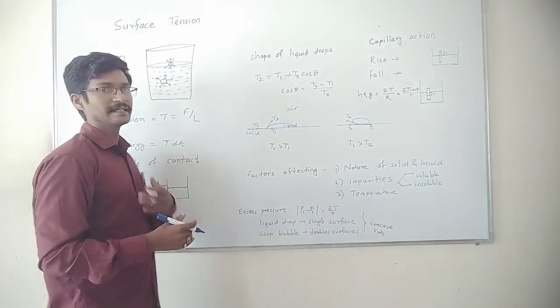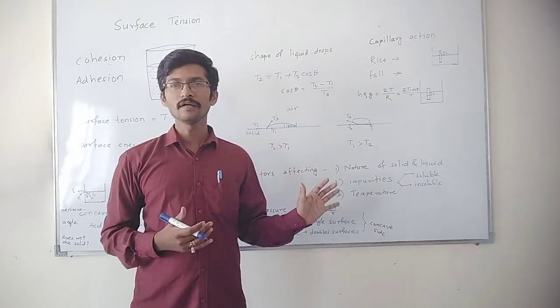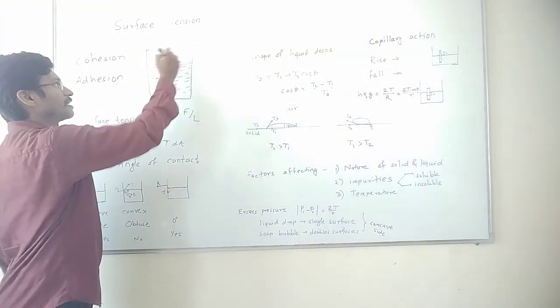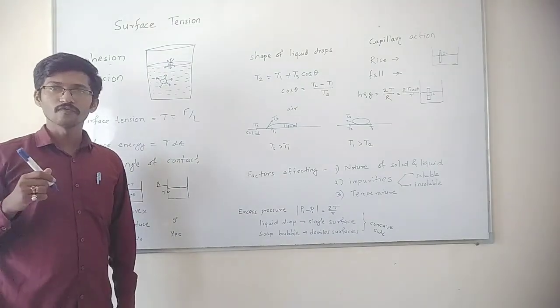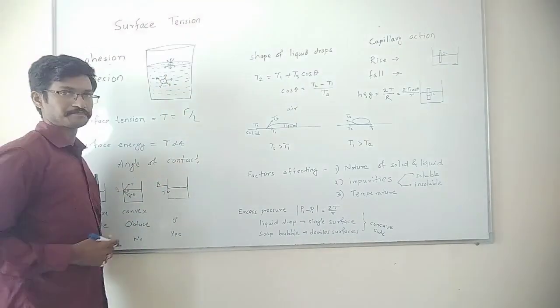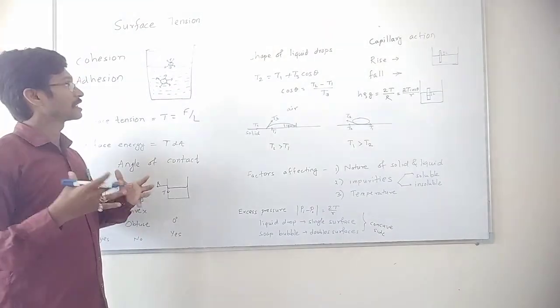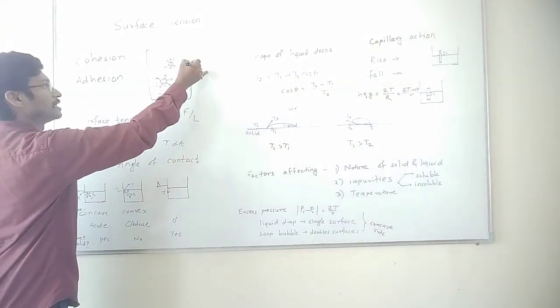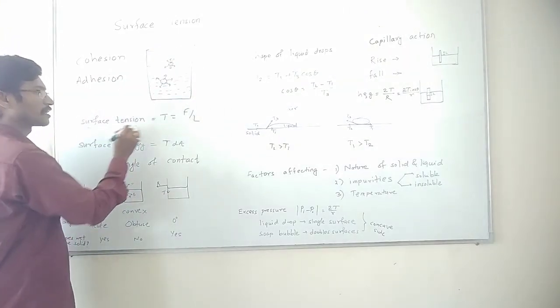And as the density of air is very less compared to the liquid, most of the cases this force is very less, and therefore the net downward force is acting on the surface of the fluid, and this becomes a stretched membrane, and therefore the force per unit length is called surface tension.